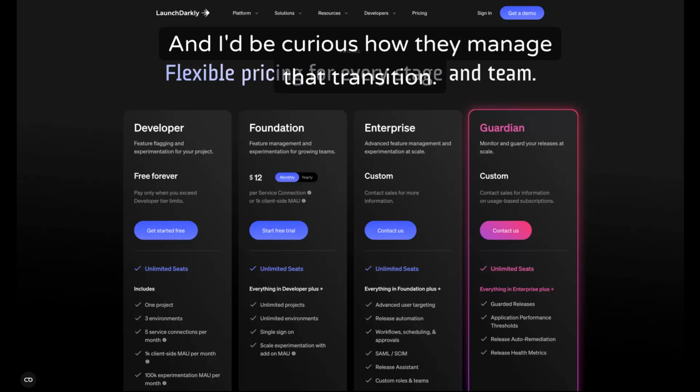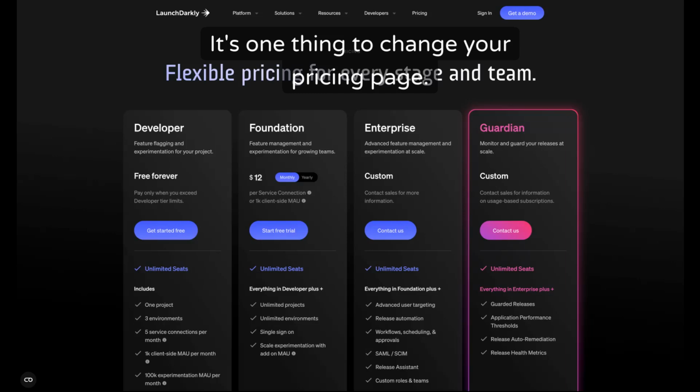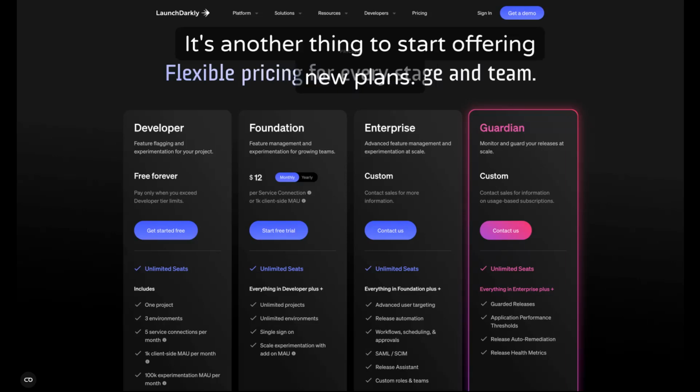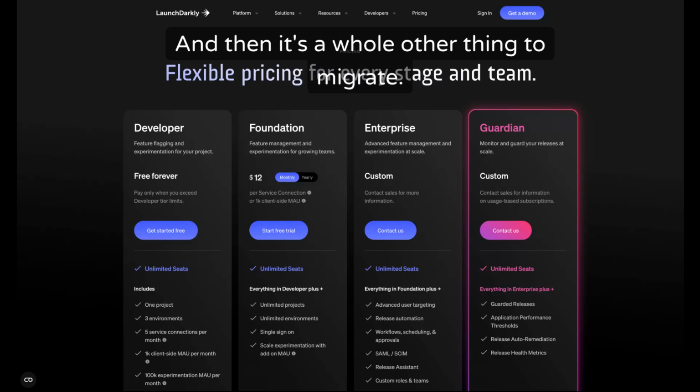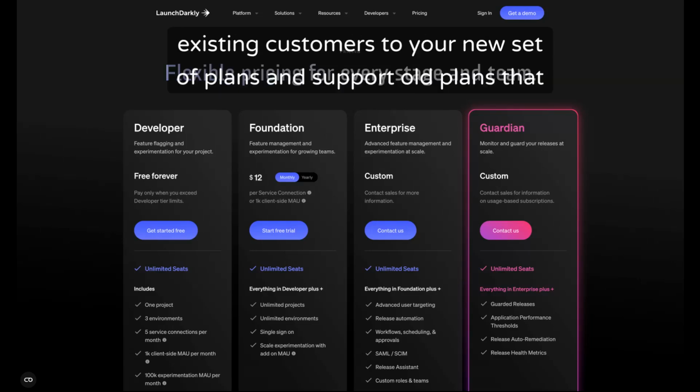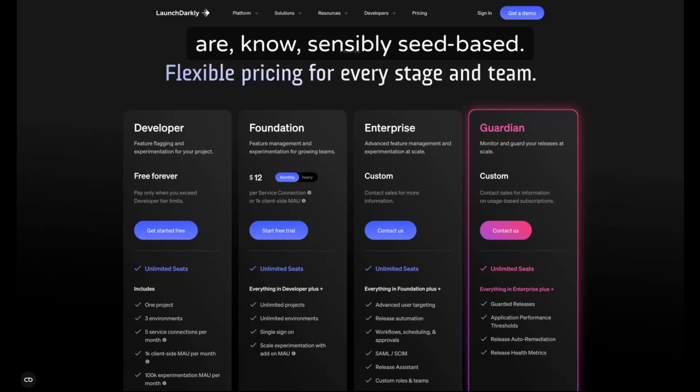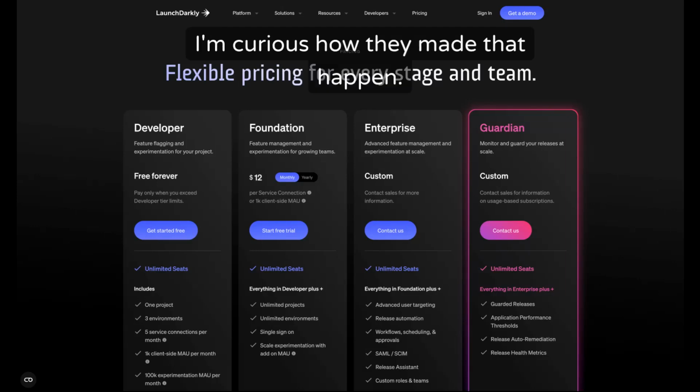And I'd be curious how they manage that transition. It's one thing to change your pricing page, it's another thing to start offering new plans. And then it's a whole other thing to migrate existing customers to your new set of plans and support old plans that are ostensibly seat based. So that sounds hard to do. I'm curious how they made that happen.